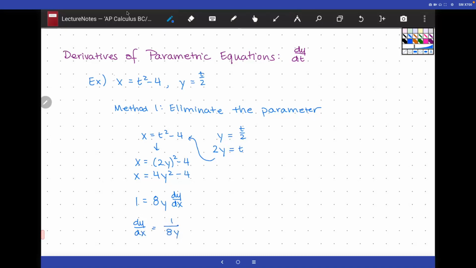Now, if we want to just focus on how the particle is moving horizontally, this is where parametric equations come in, because for physics applications, sometimes you want to break something down into a horizontal component or a vertical component, and parametric equations do that for us very nicely. So how does a horizontal distance change over time? That's dx dt. How does a vertical distance change over time? That's dy dt. But how does the speed along the whole path change? That's how y is changing with respect to x. So that's dy dx.